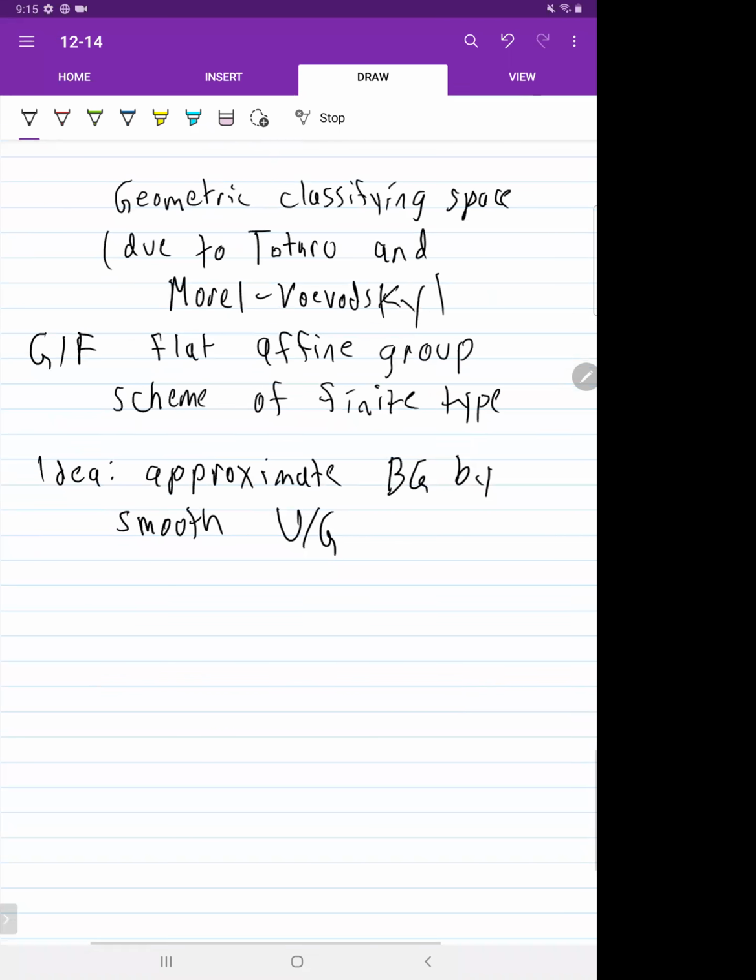So suppose that we want to define motivic cohomology of the classifying space BG with some weight j.